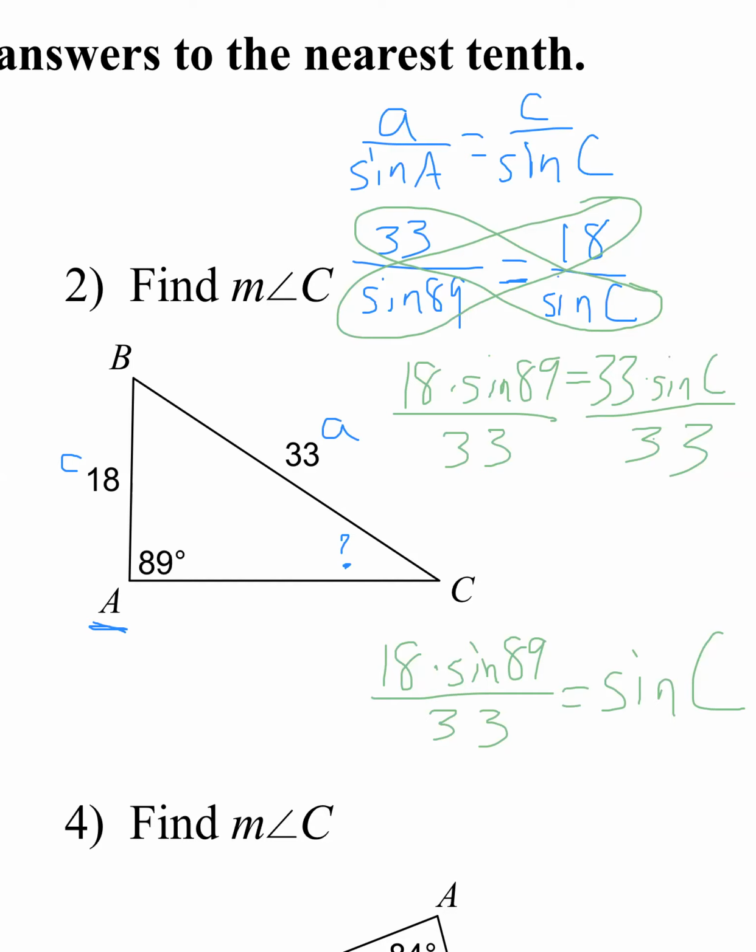So when I'm typing this in on my calculator, I do second sine, and then 18 times sine of 89, and I'm going to divide all of that by 33. It should spit out 33.05. So rounding to the nearest full angle, angle C is about 33 degrees.